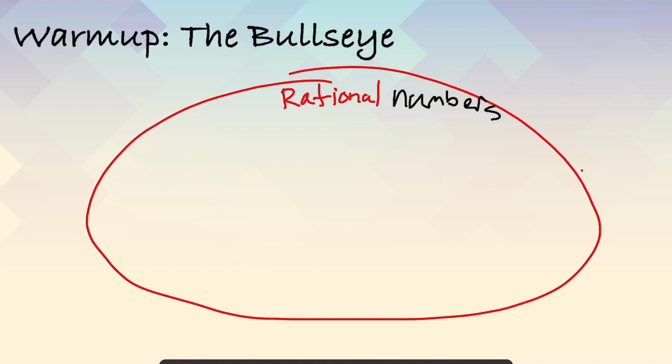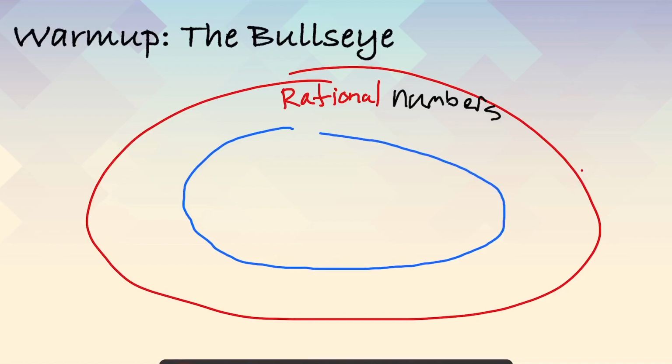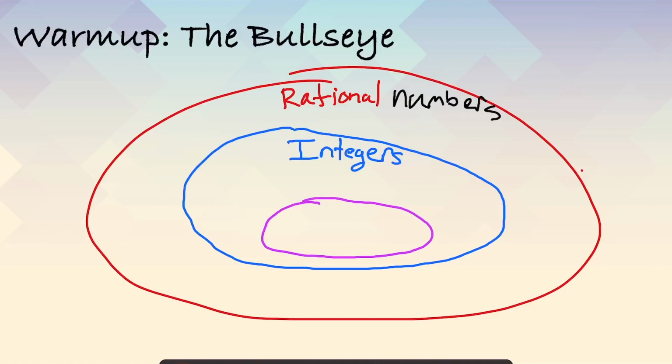And then inside of that circle, we have integers, right? We studied those at the very beginning of the year. And inside those integers, we have these guys, which we talked a little bit about during integers, the whole numbers. So what this is showing is that every integer is also a whole number.